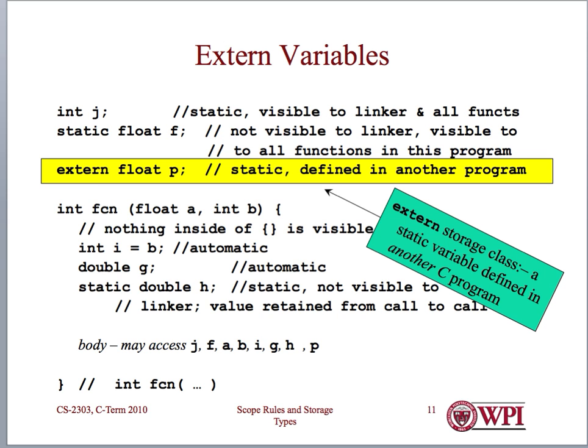So here's how we would show in another file linkage with a variable that's already been created, a static or global variable that's already been created. Here's that extern word. So in this case, extern float p, we're not going to allocate space for that when we encounter this line. This means that it's defined in another program, it says program here, but it really means program file, not a separate program, not a separate main.